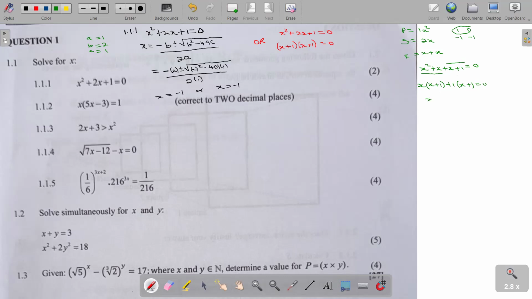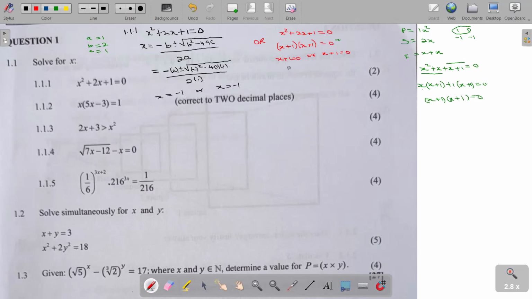Then the repeated bracket, you write it once. Here it's x plus 1, then this term, we take that 1 plus 1 is equal to 0. That's how we arrived here. Then from there, we can equate each bracket to 0. x plus 1 equal to 0, or x plus 1 equal to 0.